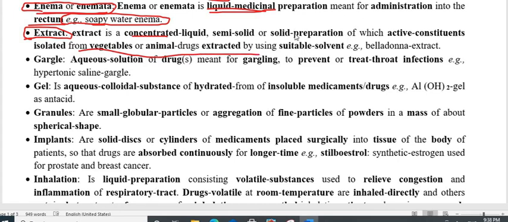In the case of the decoction, we used hot water, by boiling water. But here we are not using any temperature, and in place of water we are going to use a suitable solvent for extracting out. So this is called the extract.